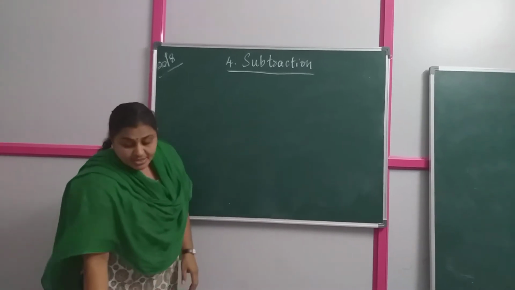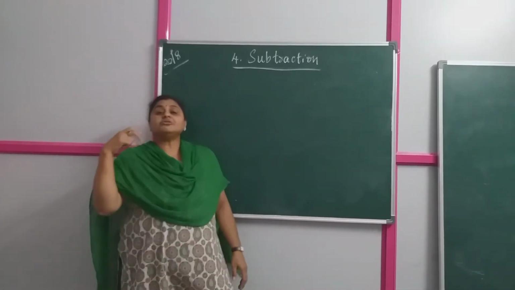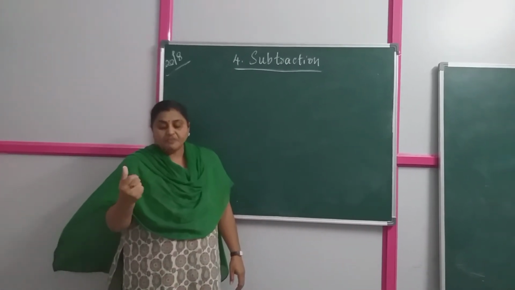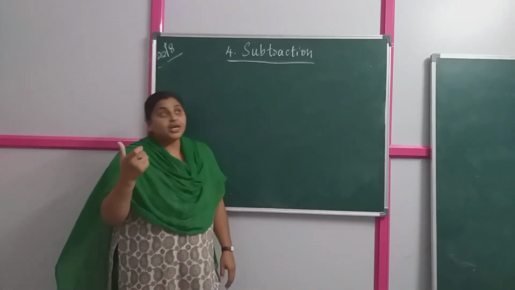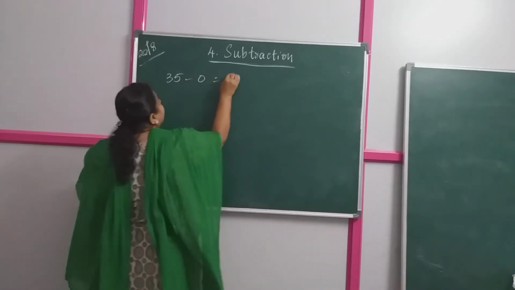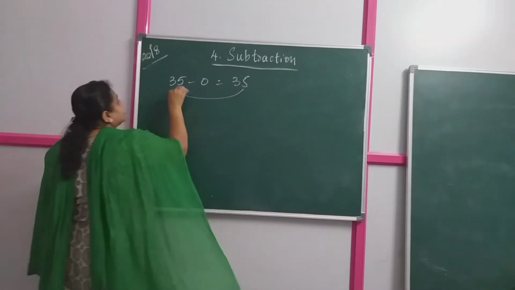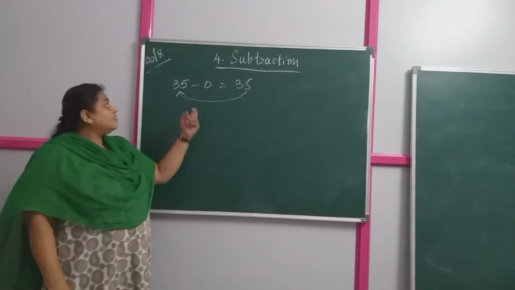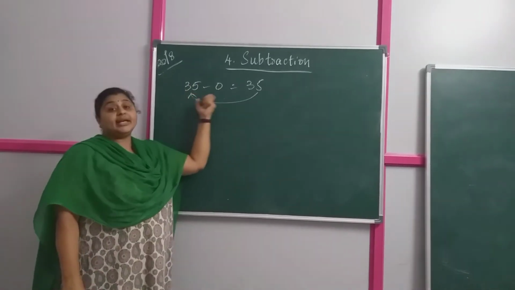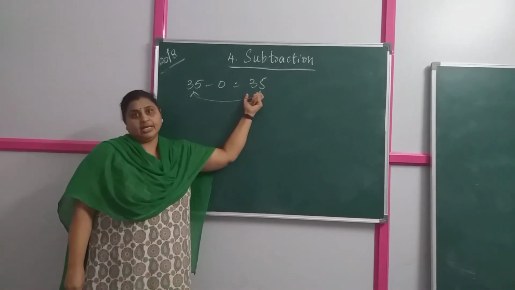What are the properties of subtraction children? When you subtract 0 from any number, the answer is the number itself. Am I right or not? When you subtract 0 from any number, what is the answer you are getting? The number itself.